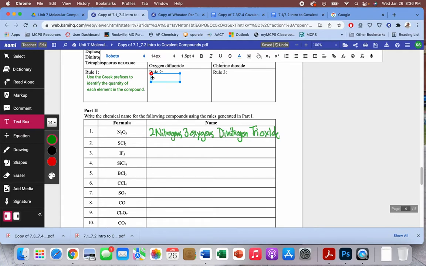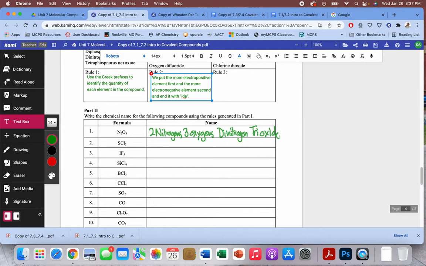we use the second element always ends in "ide," right? We put the more electropositive first.